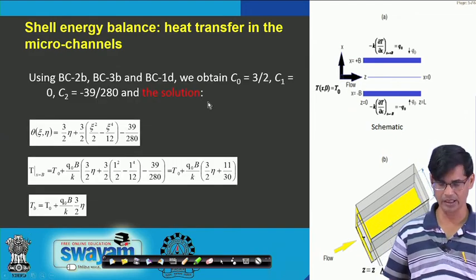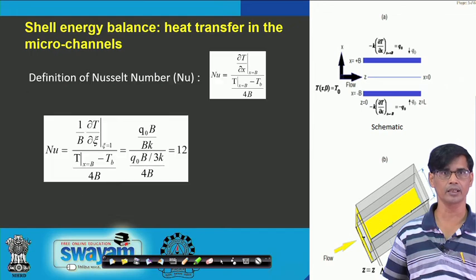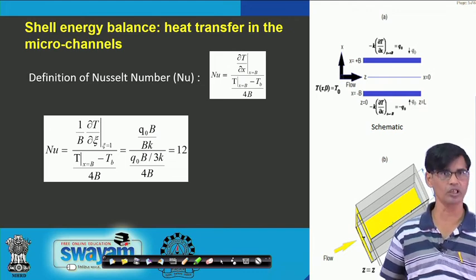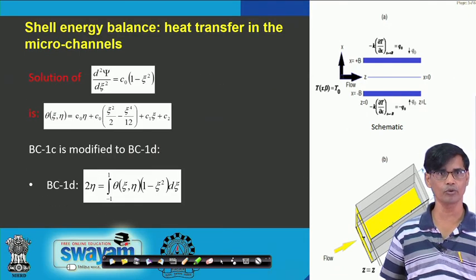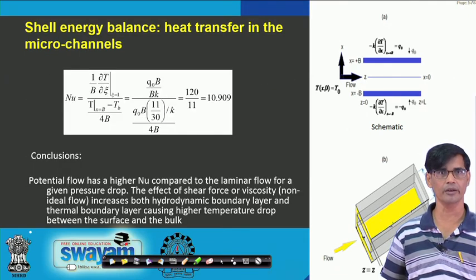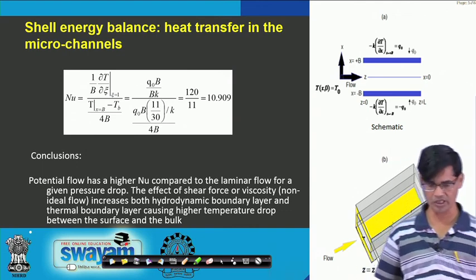If I go back to the previous case, where the velocity profile is flat, that is there is no viscosity effect, the Nusselt number is 12. Here in this case the Nusselt number is basically 10, which decreases when there is a viscosity effect.